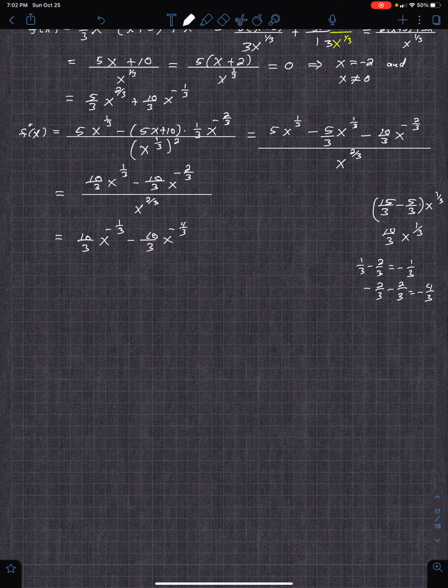Let's continue to simplify. So it's equal to 10 thirds. And then this is 1 over x to the 1/3 plus 1 over x to the 4/3. And so you get 10 thirds.